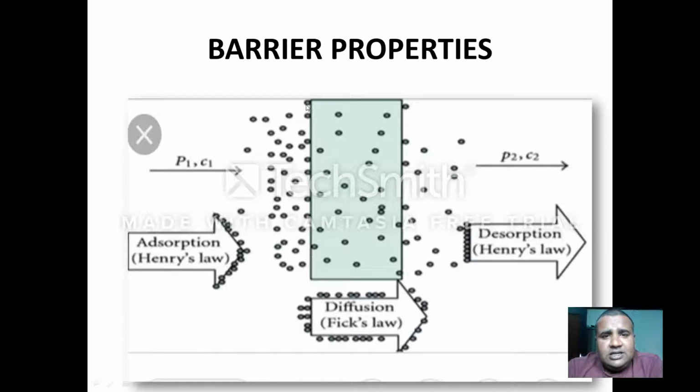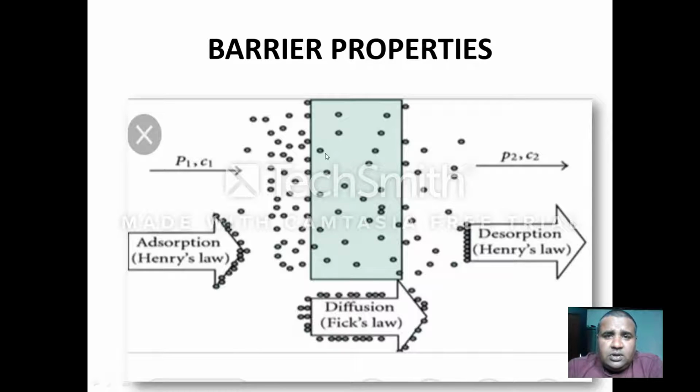Once it has accumulated on the surface, a concentration gradient will build up. As we can understand, the concentration of the gases at the surface will be high, and here the concentration of the gases coming from outside is less. So the movement of the gas molecules will be from the high concentration to the low concentration.